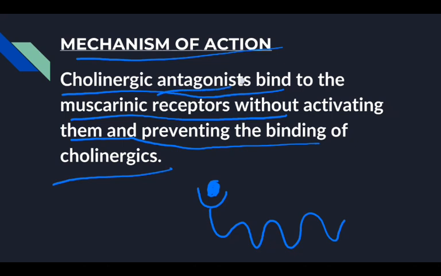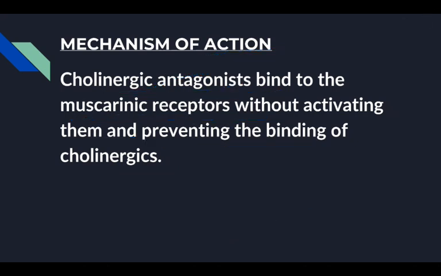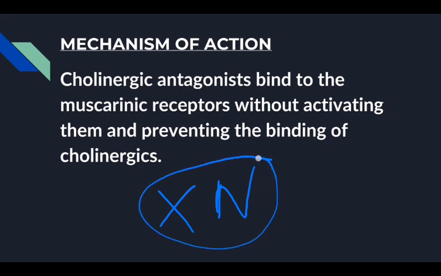What these cholinergic antagonists do is they bind to this site and inhibit acetylcholine from binding to the receptor. When they bind to the receptor, they don't activate the receptor itself. And a point worth noting is that cholinergic antagonists do not bind to nicotinic receptors. Nicotinic receptors are blocked by the skeletal muscle relaxants, which we will talk about in other modules.